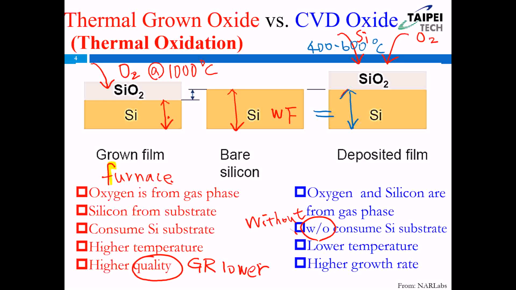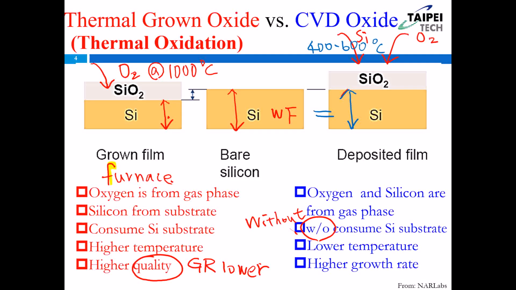Because we have different kinds of CVD tools, and we have different kinds of precursors. So due to different tools and different precursors, we have a range of temperatures. Usually 400 to 600 degrees Celsius is good to deposit the oxide. So lower temperature will be used.